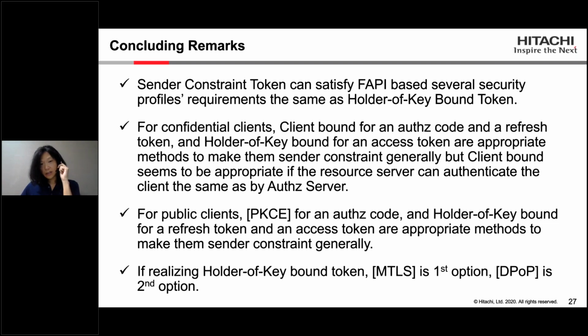And considering the characteristics of each method for realizing sender constraint tokens and the tokens to be sender constrained in OAuth2, I have proposed appropriate ways of realizing sender constraint OAuth code, refresh token, and access token in each type of confidential and public client.